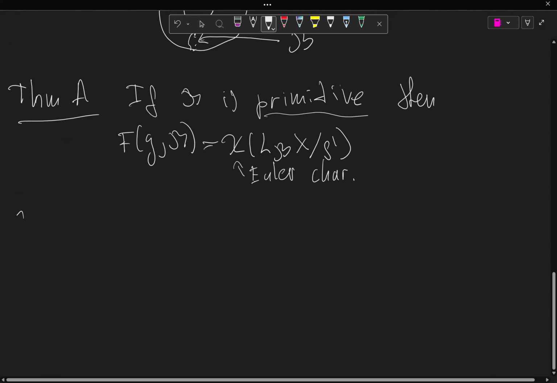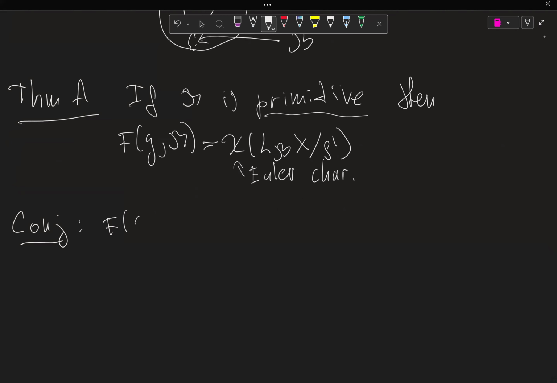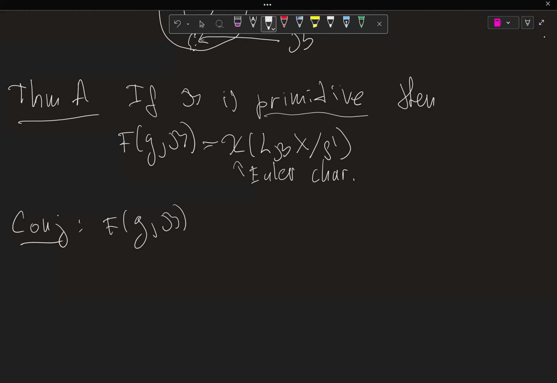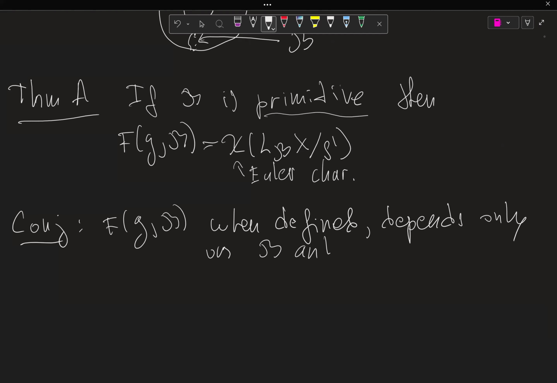The conjecture, motivated by Theorem A, is that when it is defined, it depends only on β and the topology of X. For this to be defined, I first need to find a metric where the space of β-class geodesic strings is compact.